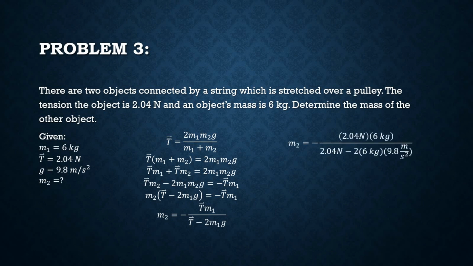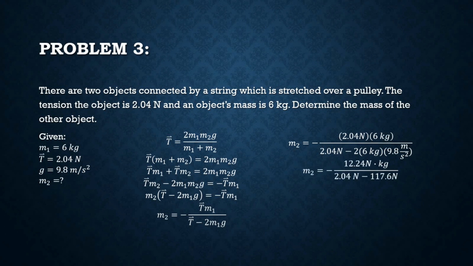So after that, using the formula, we substitute the variables with the given. As you can see, this is what it shows: negative 2.04 newtons times 6 kilograms all over 2.04 newtons minus 2 times 6 kilograms times 9.8 meters per second squared.